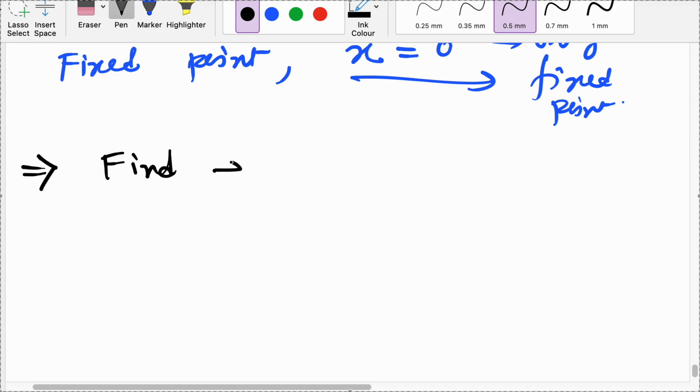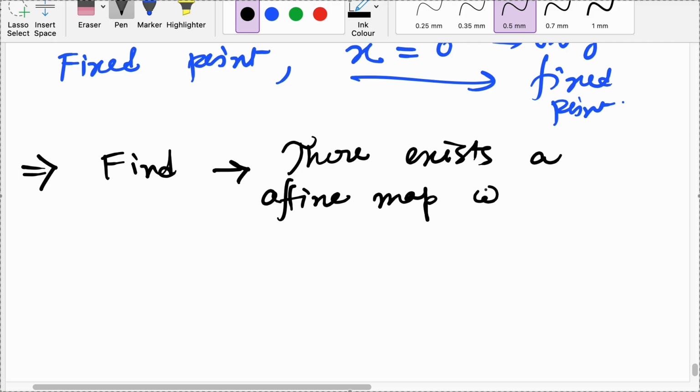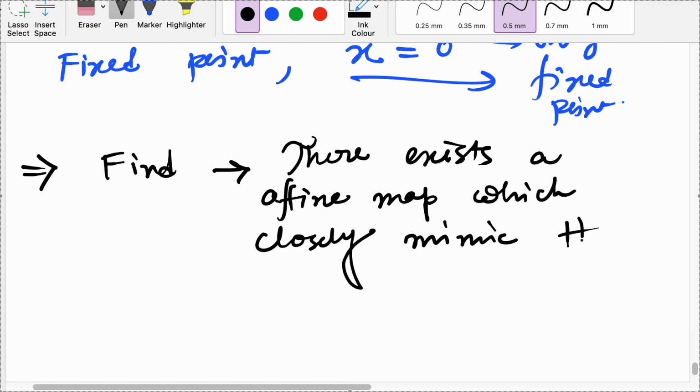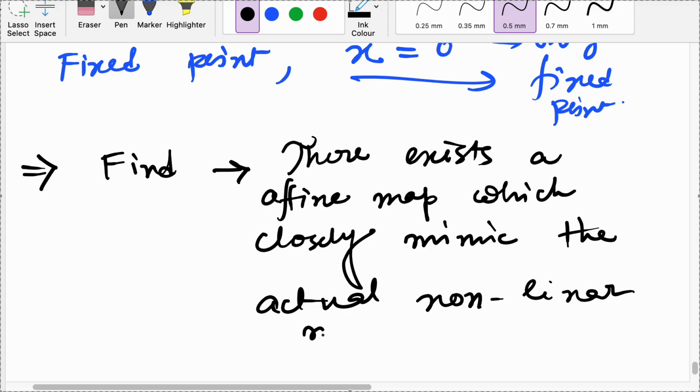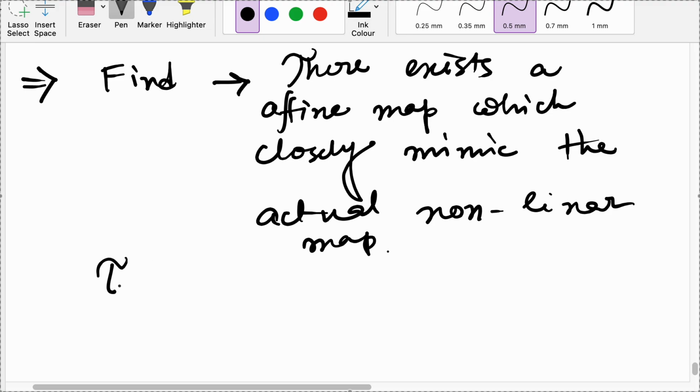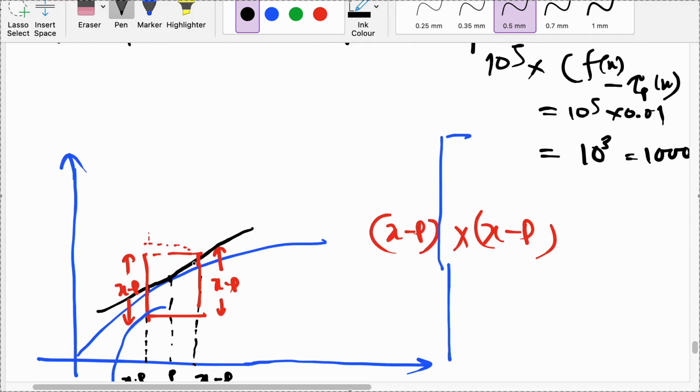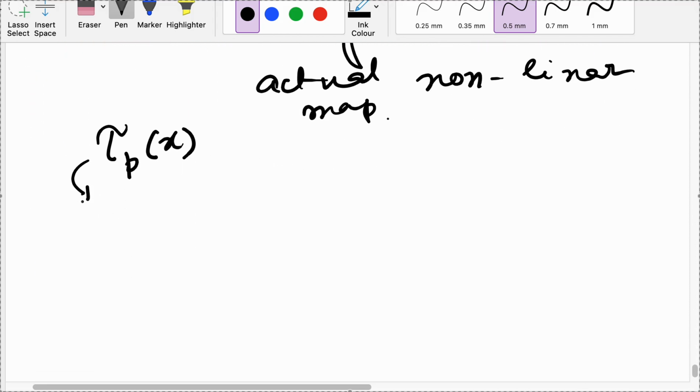We have found that there exists an affine map which closely mimics the actual nonlinear map, and that affine map is nothing but the tangent map. That is exactly the tangent.